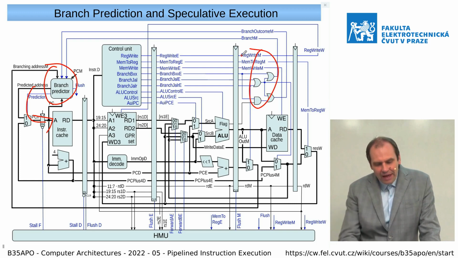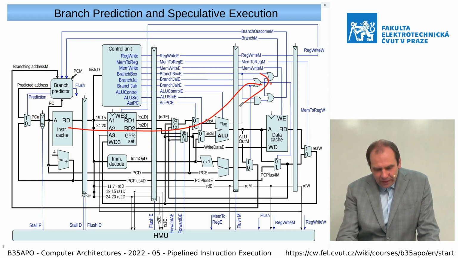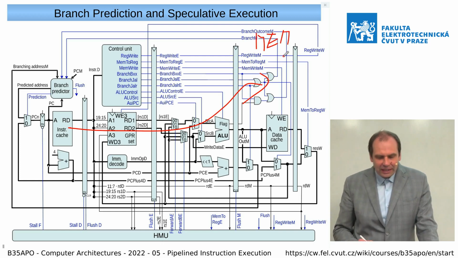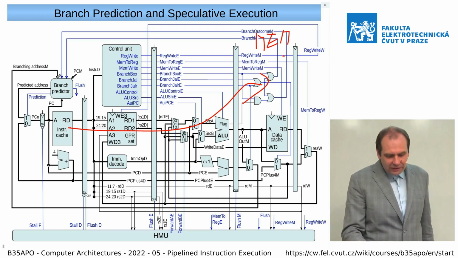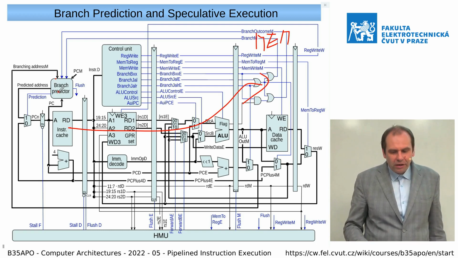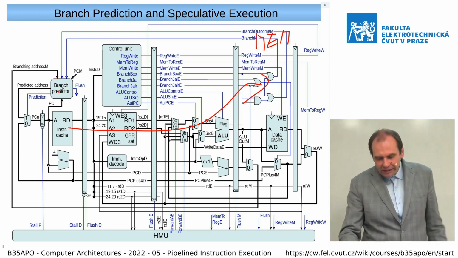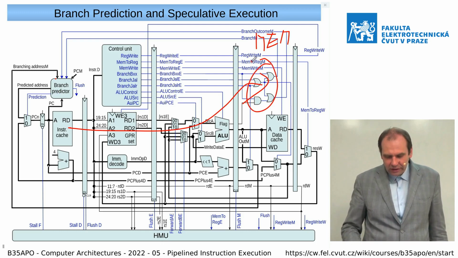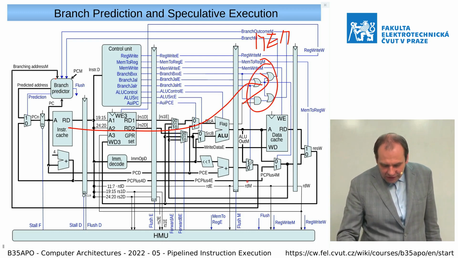And when the branch instruction advances to the memory stage, in our case, we compare if the decision of the branch predictor matches the actual result of the condition and the actual target address which is computed here or here.